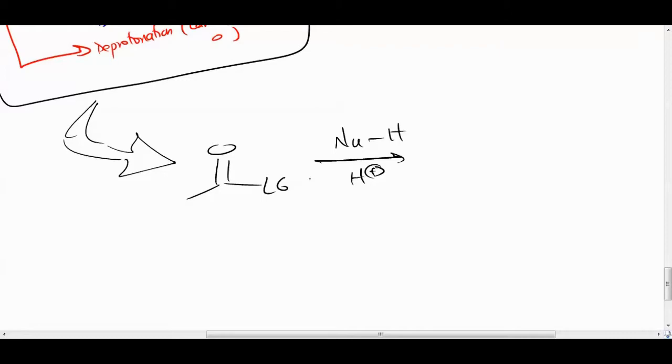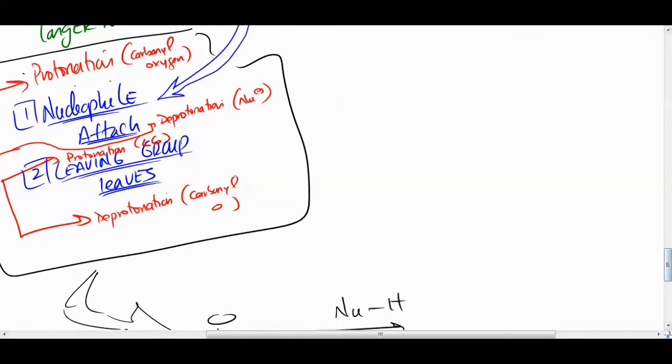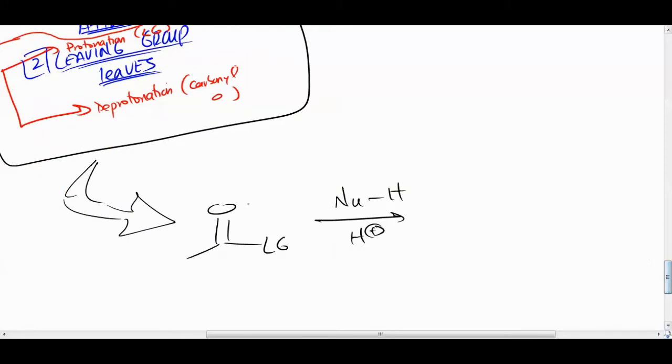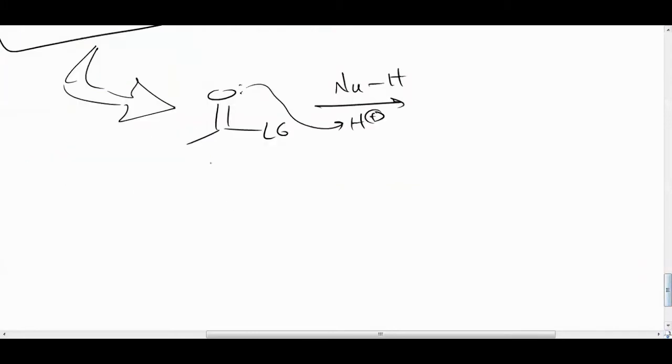First thing that happens is the carbonyl oxygen gets protonated. So this guy here gets protonated. So this is going to be in equilibrium. We'll generate this guy, positive charge here, leaving group here. We're going to get resonance. Right?